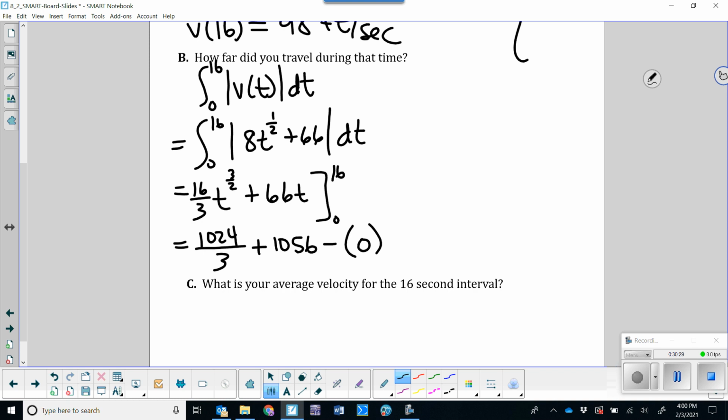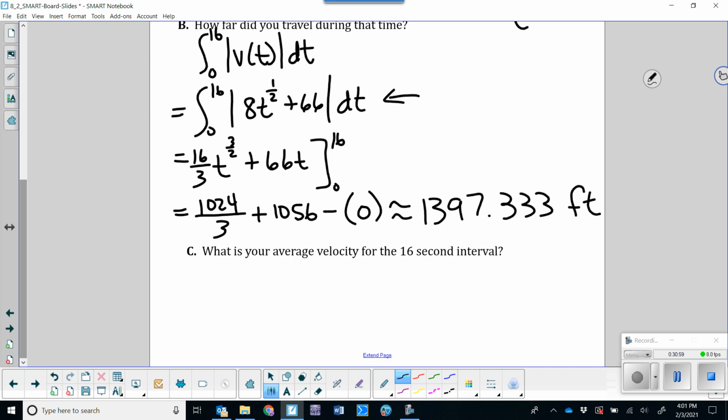If this was a calculator problem, you would simply put this in the calculator and write the answer. If it's a free response question, I would have just written 16 times 64 over 3, etc. Don't do much simplifying. And so for the calculator question, this is what we're going to get. Now again, if you need a lot of practice with fractions and some of that stuff, go ahead and practice just because that's good for you.